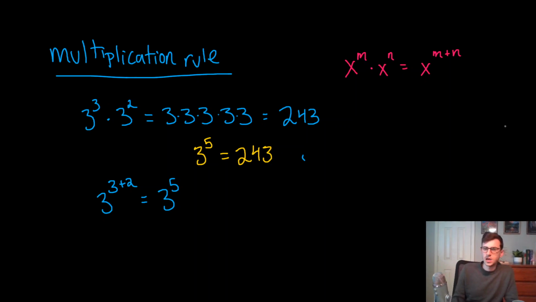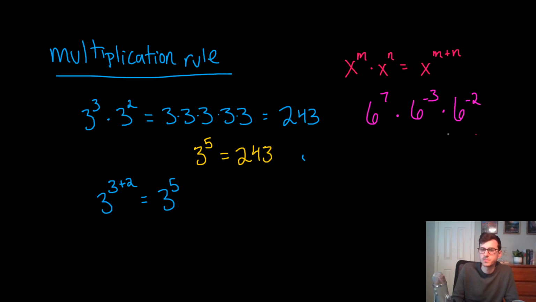Okay, maybe just one more example. Keep things moving. If I had, let's do something different, 6 to the 7 times 6 to the negative 3 times 6 to the negative 2.